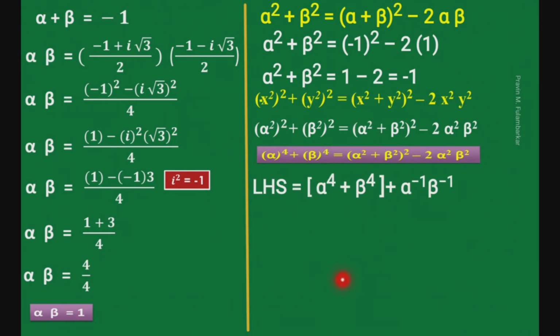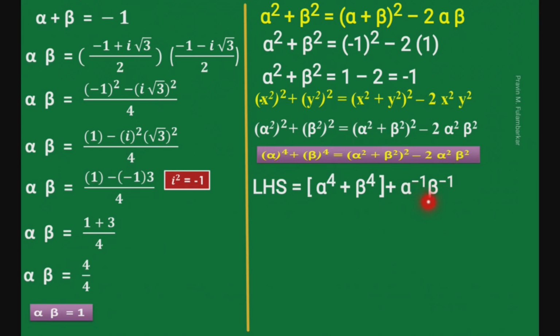So we use in LHS these values. LHS is alpha raised to the power 4 plus beta raised to the power 4 plus alpha raised to the power minus 1 into beta raised to the power minus 1. That means this alpha raised to the power 4 plus beta raised to the power 4 we can replace by this value, (alpha square plus beta square) bracket raised to the power 2 minus 2 times alpha square beta square.